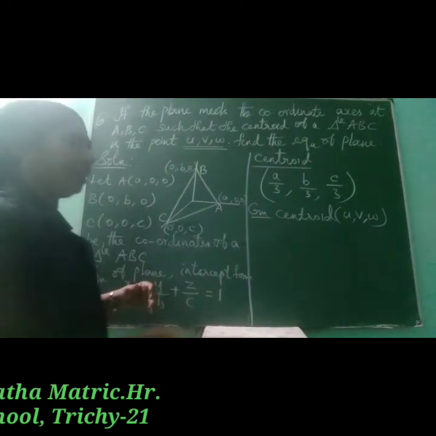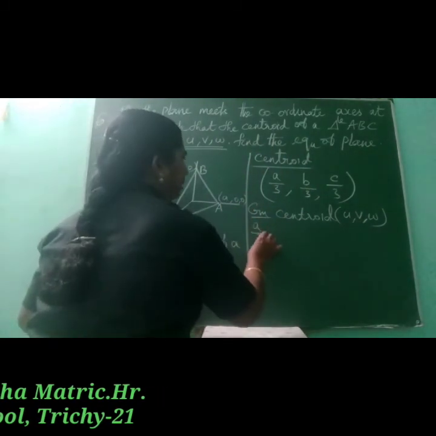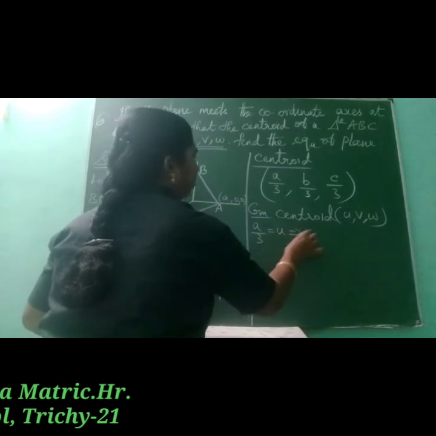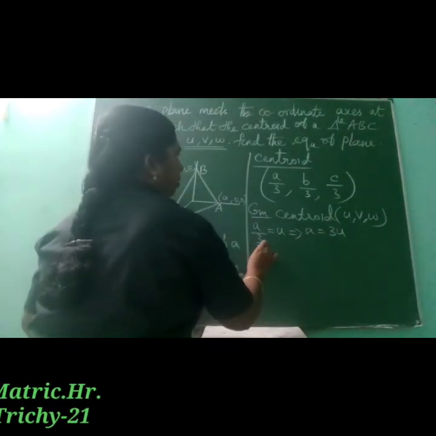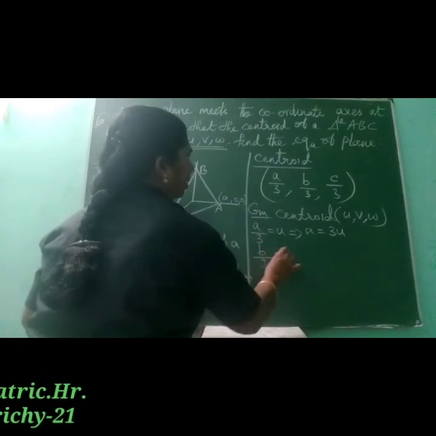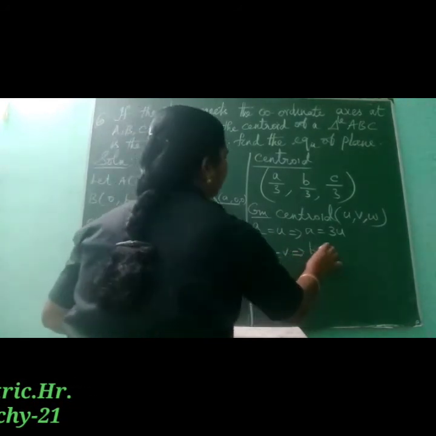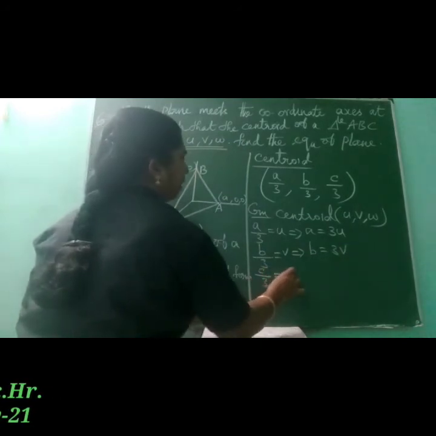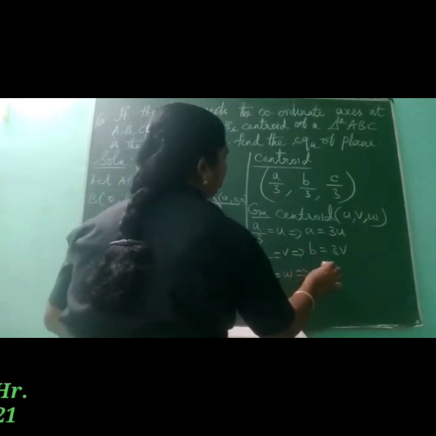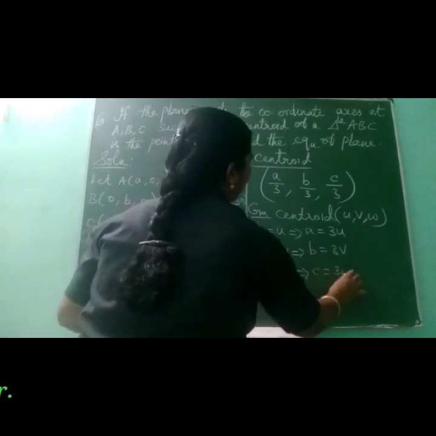These two are equal. Therefore, a by 3 equals u, so a is equal to 3u. b by 3 is equal to v, so b is equal to 3v. c by 3 is equal to w, so c is equal to 3w.